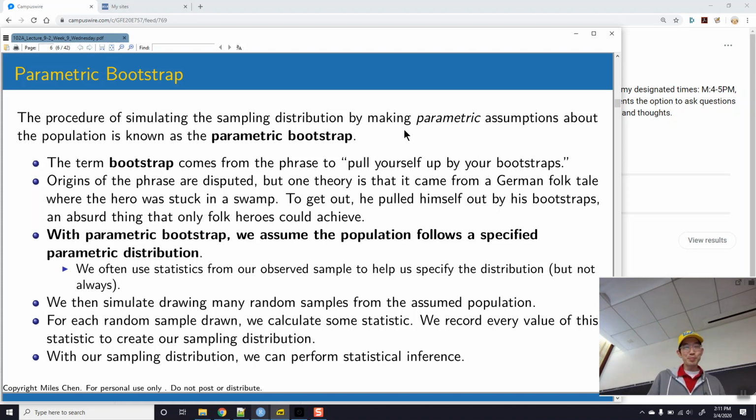Okay, so the bootstrap idea comes from the phrase, pull yourself up by your bootstraps. The origins of that phrase itself are disputed. One theory is that there was a German folktale about a hero who was walking along, got stuck in a swamp, and to get himself out, he grabbed his bootstraps and pulled himself out.